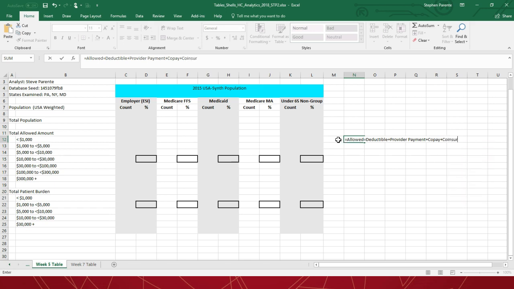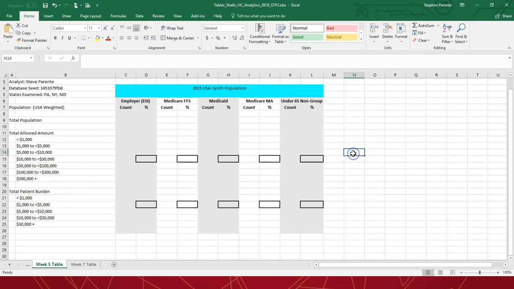Now the good news is that this is already run for you, and I'll show you in a program exactly how this lays out in a second when we get into it on the server. If you think about what the patient, this piece here would be, the total patient burden, it's basically everything minus that provider payment.